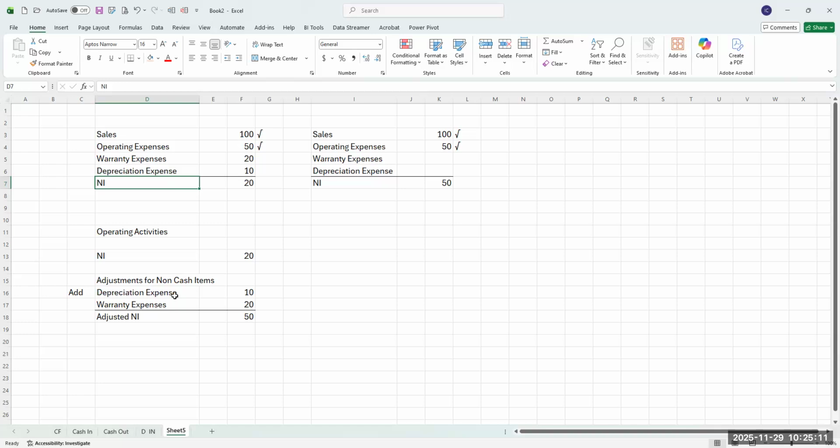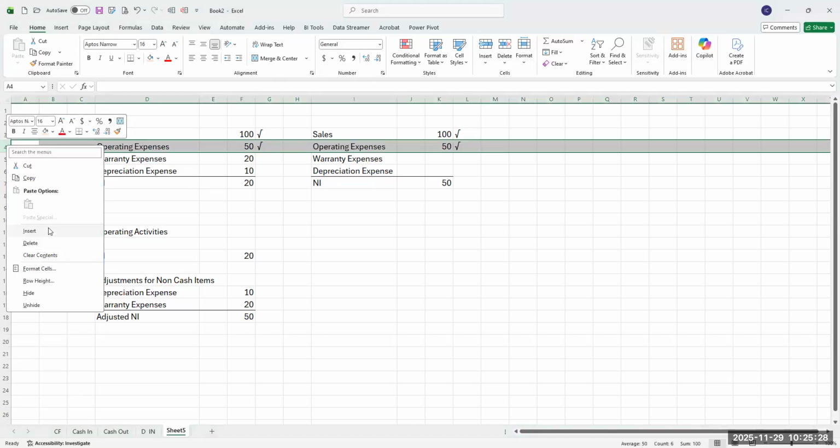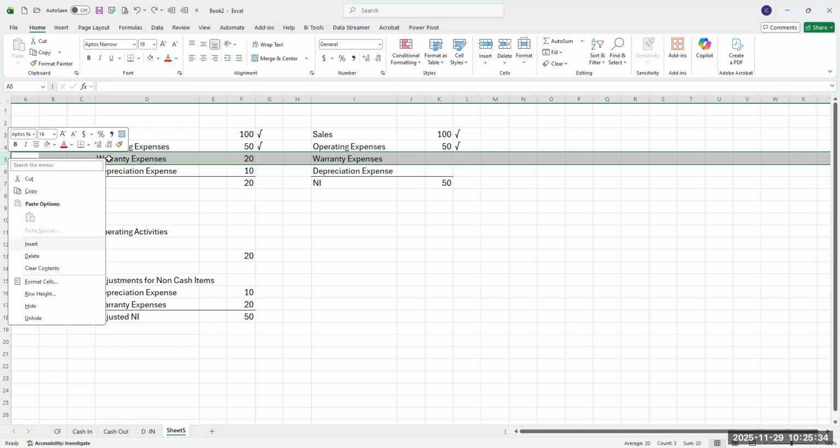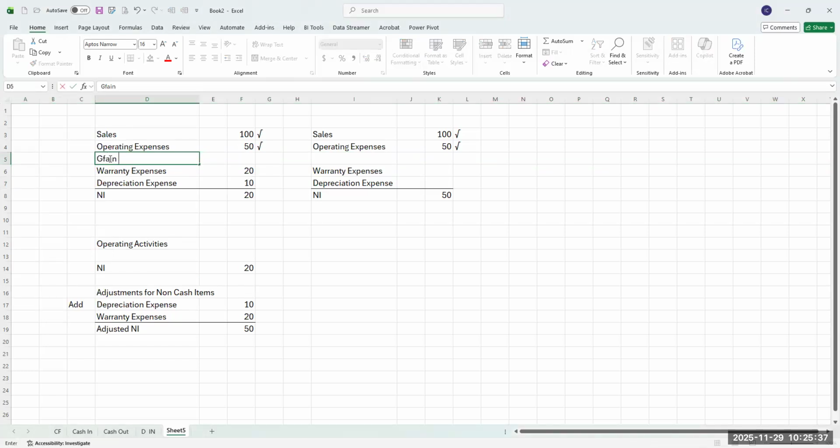Now what's going to happen if I have a gain on sale of equipment, for example, which is a non-cash item but increases my net income? Then I have to deduct it. Let's add it here, after the operating expenses, gain on sale of equipment, and let's say it is $20.